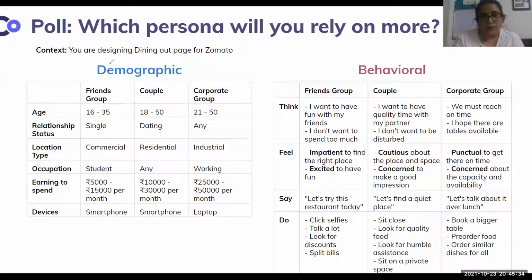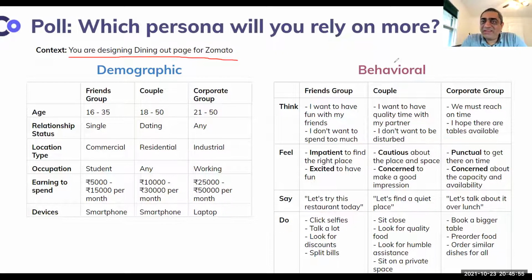So I thought that demographic will definitely not give us behavioral aspect, but at least we will know the main aspect which will not change periodically. True. But what will you do with that data? If your goal is to design a dining out page for Zomato, how will you interpret it?